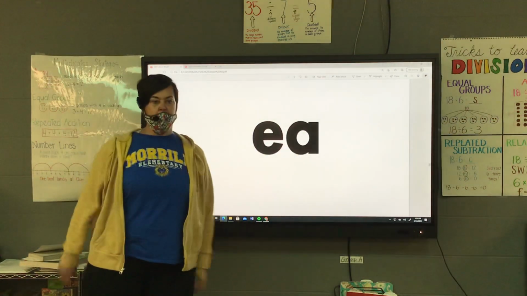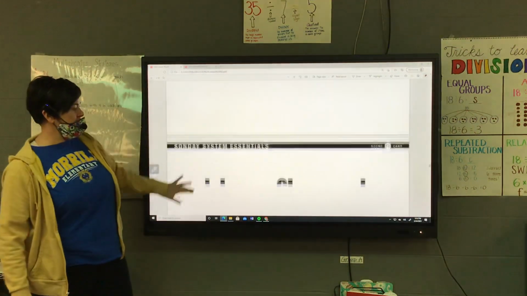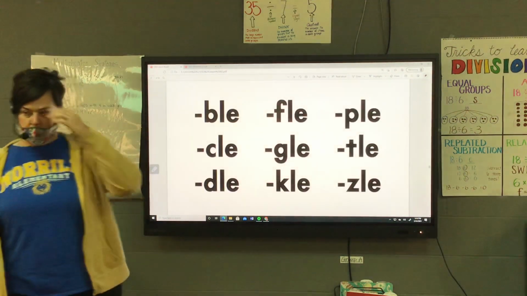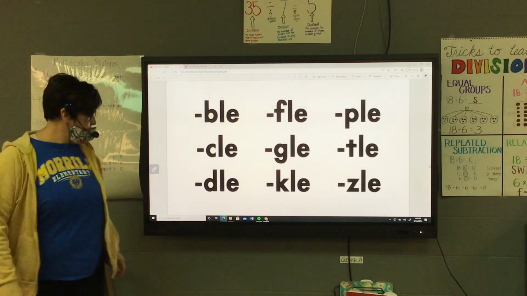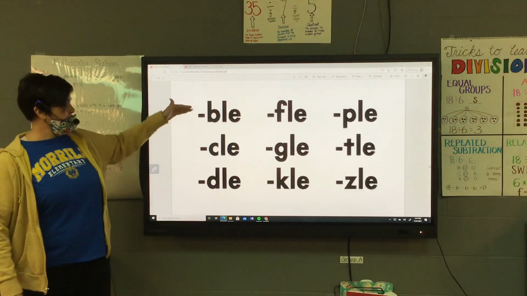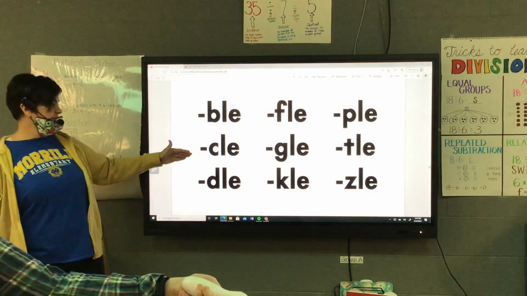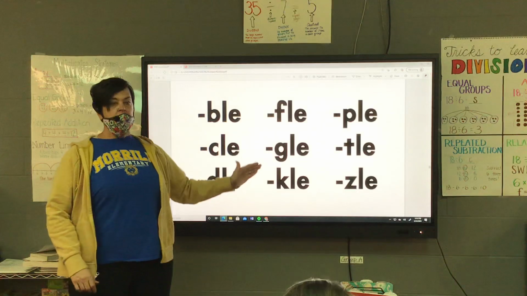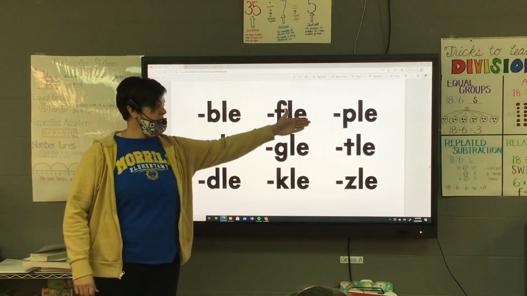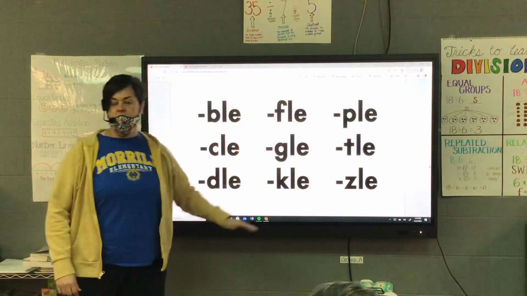E in the middle of a word. Okay, we'll read through these in just a quick second. Bull, cull, dull, full, gull, cull, pull, tull, zull.